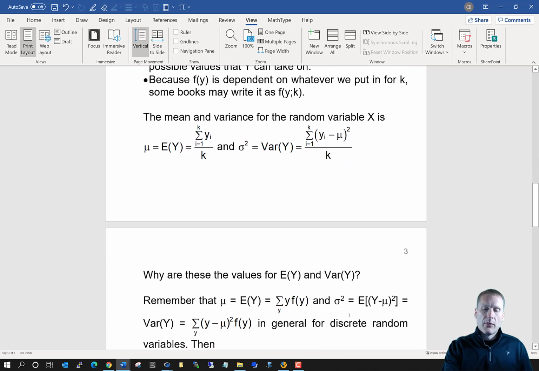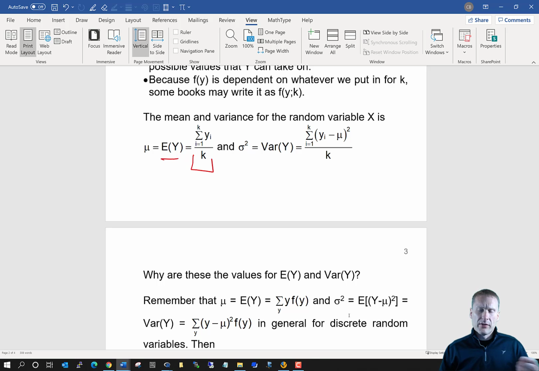Now, as we've seen before with the probability distribution function, we can find the expected value of our random variable. We can find the variance of a random variable. And so, using our expressions that we've seen for probability distribution functions in general, the expected value of y, in other words mu, is equal to the sum of our possible values of y.